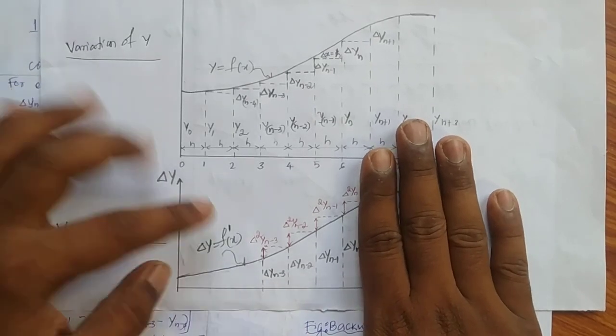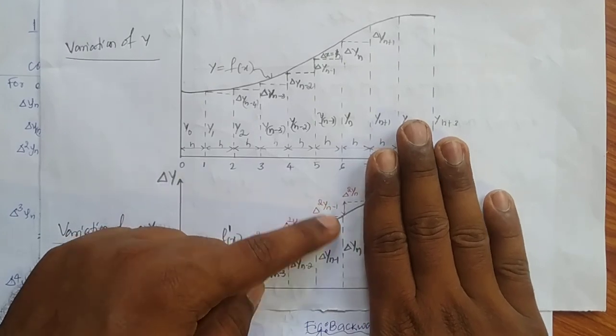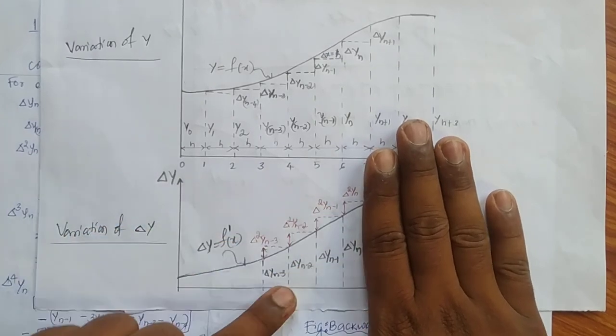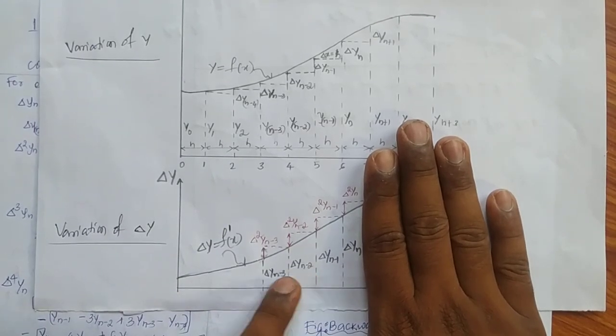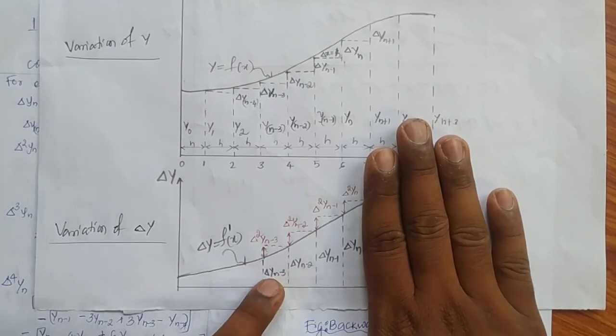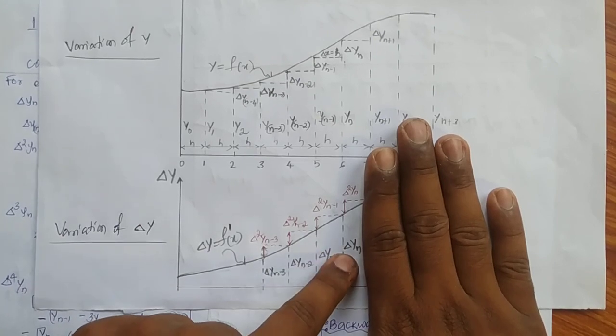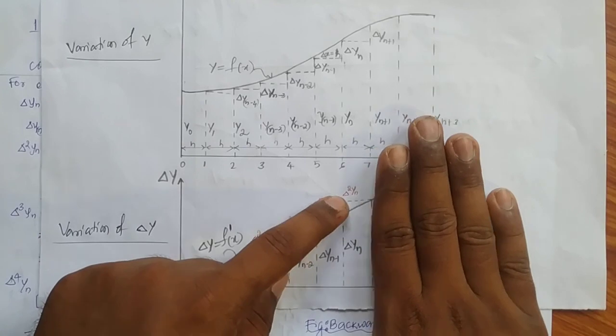So you can see the second order difference will be obtained by calculating delta yn, delta yn minus 1, delta yn minus 2, delta yn minus 3. So the differences of delta y will be the second order difference. So delta yn minus delta yn minus 1 will give you delta square yn, okay?